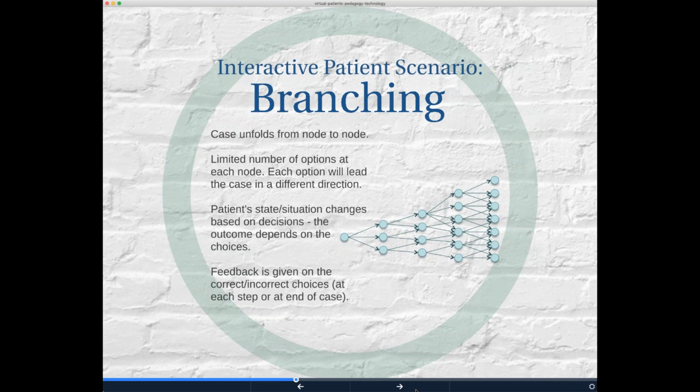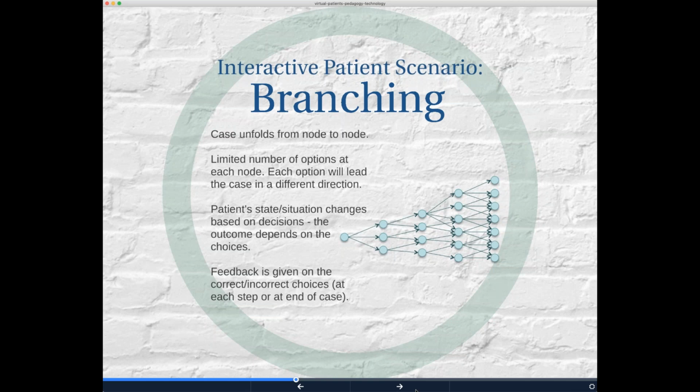These cases can be designed so that learners, once they make a decision, are stuck down a certain path. And in some cases, and again, it depends what your learning objectives are and what would be possible in reality, perhaps future decisions could allow the learner to recover and get back on the right track.